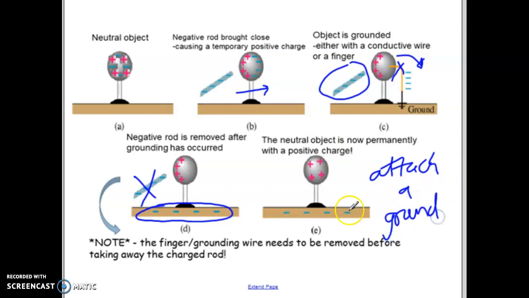This would then neutralize, okay? Now remember that when you're grounding objects, we are also grounding material. So instead of using an actual wire, you can simply touch the rod and act like a ground yourself.